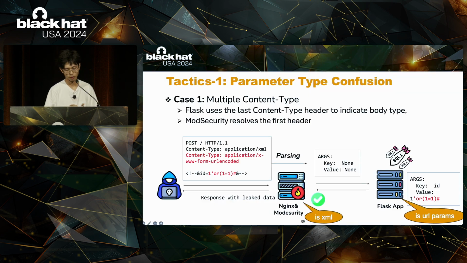We found that we can make a fake content type header to mislead the WAF to choose the wrong type to parse the body parameters. In this example, ModSecurity thinks the body is XML, while the Flask application will use the last content type header to indicate the body type, which is URL encoded.